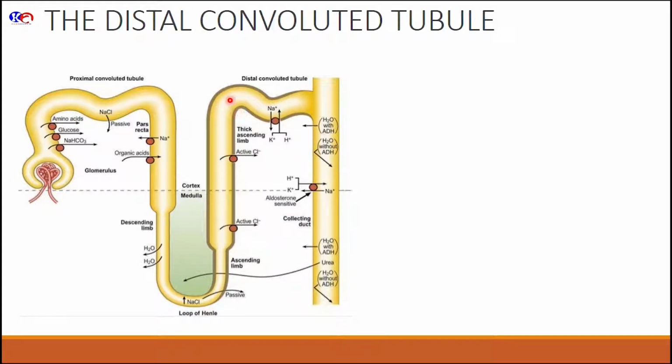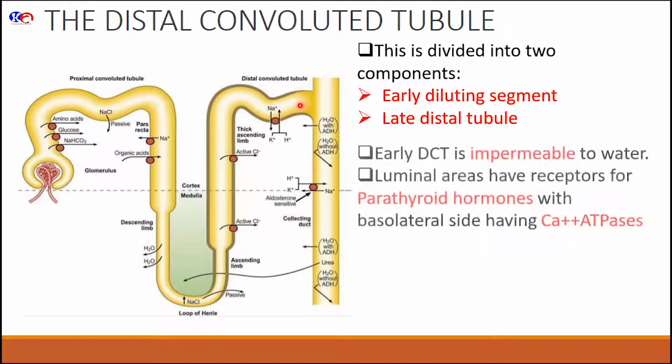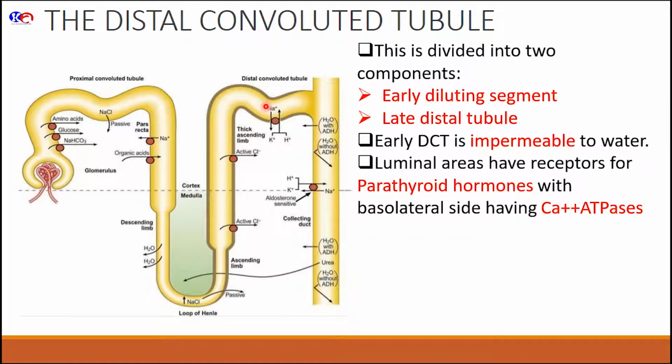Now, the next part is the distal convoluted tubule. As you can see, we have the early part, then we have the late part. The early part, as said earlier on, is very impermeable to water. The luminal side has receptors for parathyroid hormone, while the basolateral side has what we call calcium ATPases.